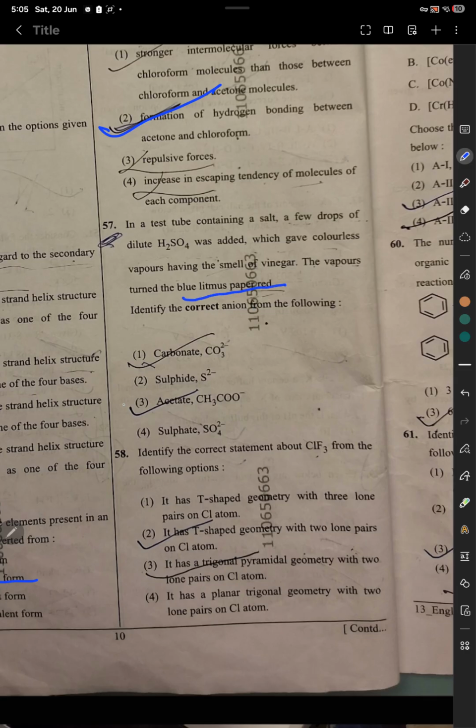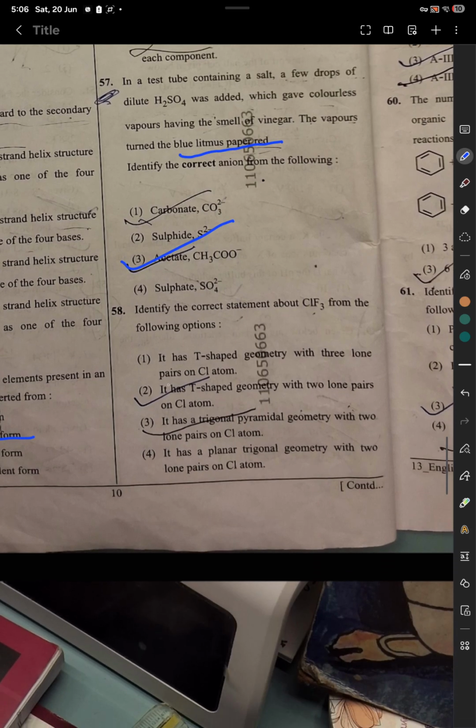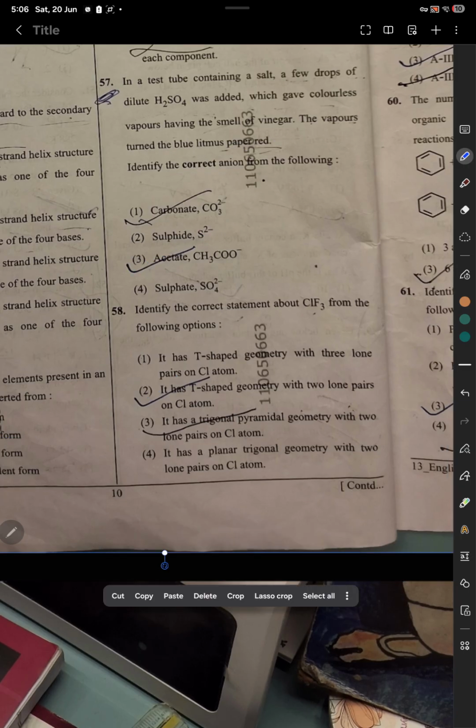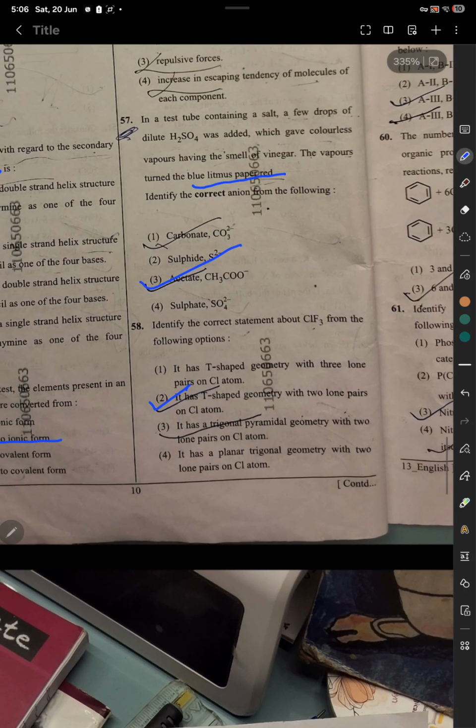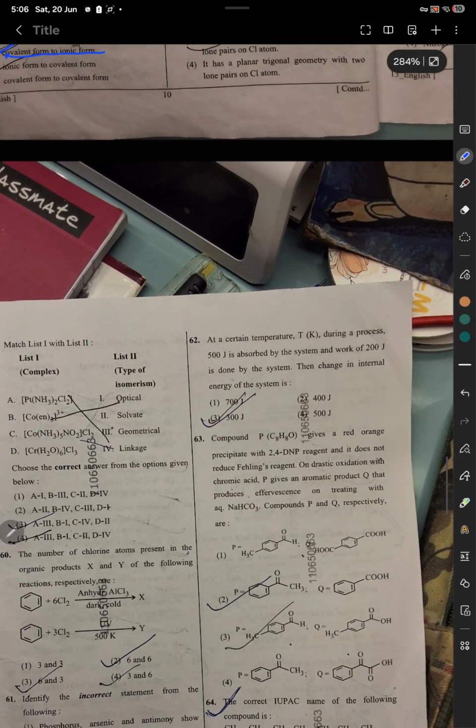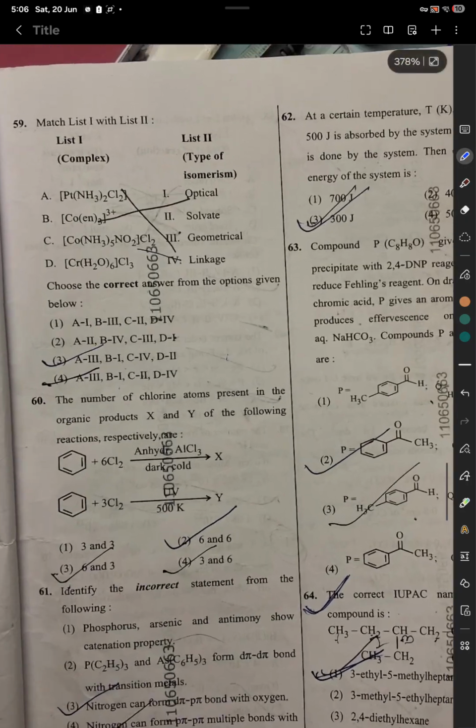So your option number 3 is correct. Question number 58, identify the correct statement about ClF3 from the options given below. So option 2 is correct. It has T-shaped geometry with 2 lone pairs on Cl atom. Let's move to chlorine atom.